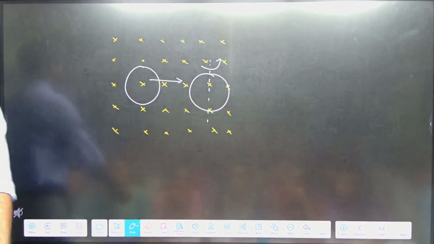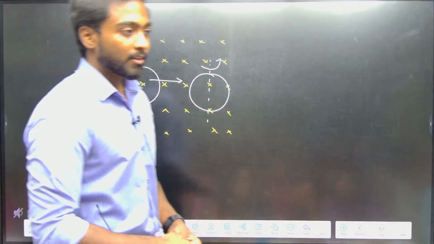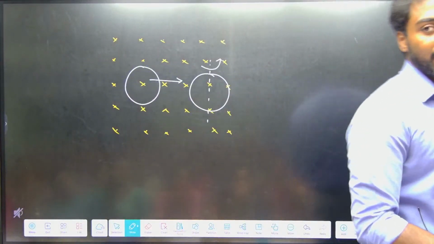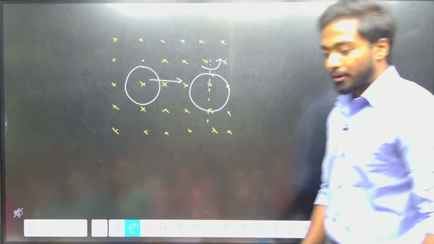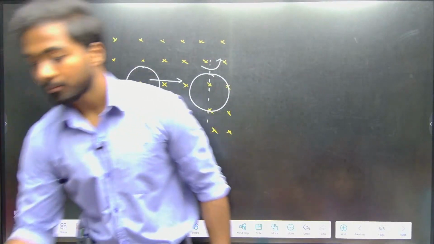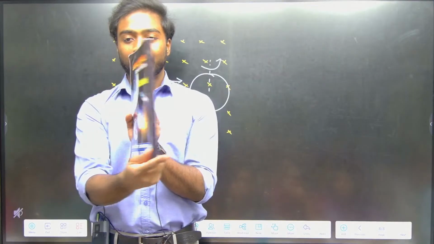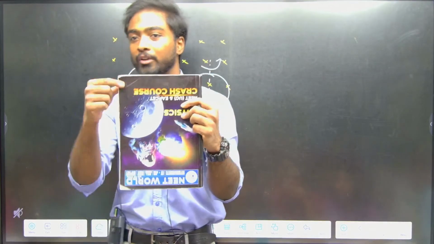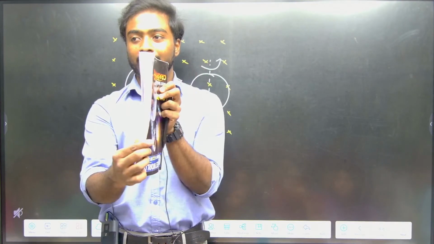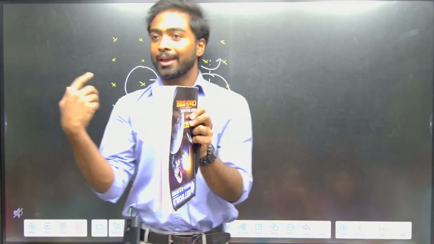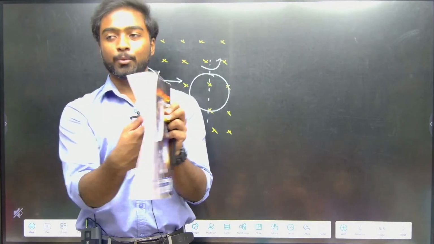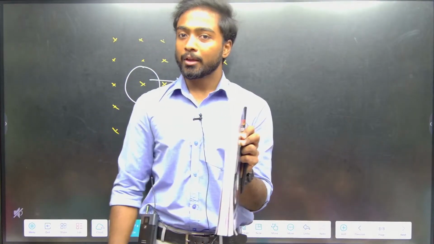Think carefully. In the second one, current flows. Obviously, this is my conductor and magnetic field lines are flowing like this. If I rotate like this, the area is reducing, and if I rotate again like this, the area increases. When the area increases, the magnetic field lines passing through the area also increase.